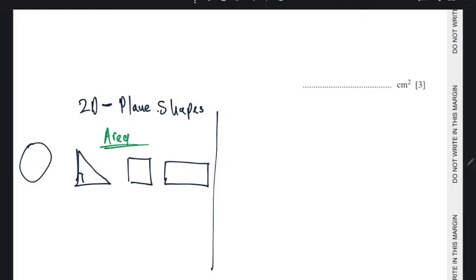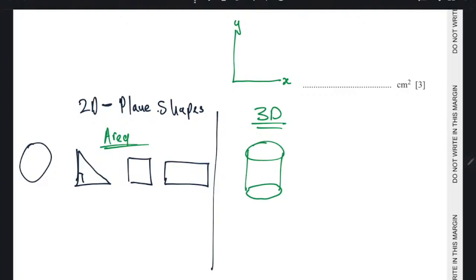So once you see the word area, a plane means there is X and Y. In other words, there are only two things about it, length and width. There is no height. When you come to 3D shapes, like a cylinder, they now have 3 dimensions, which means they have length, width and height.